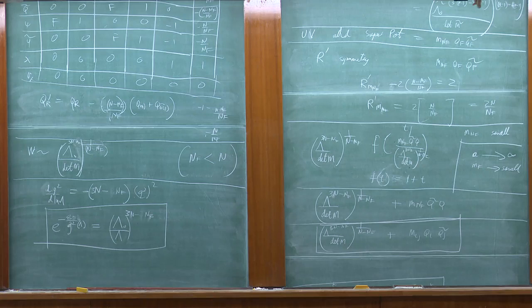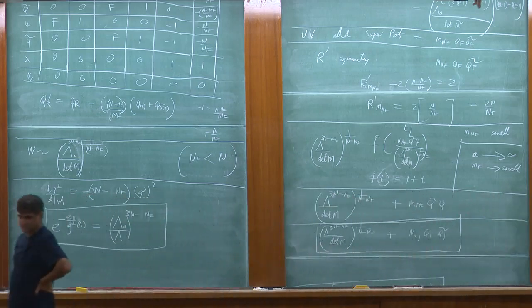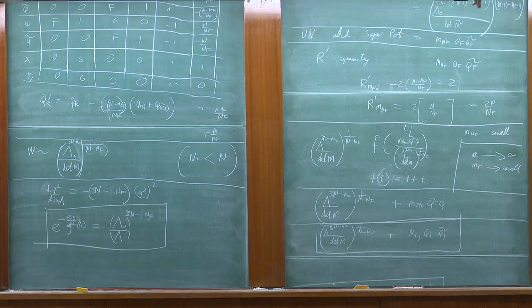Excellent. Was it important here that we had NF less than N for this argument? For this whole system, it's very important that we have NF less than N. Let me explain why. Take the determinant of M. What was M?